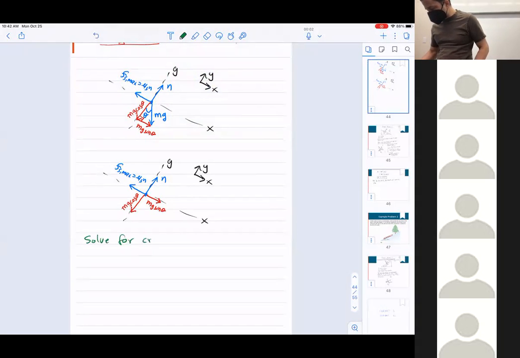So we are trying to solve for the critical angle theta such that the object is on the verge of slipping, but still stationary.